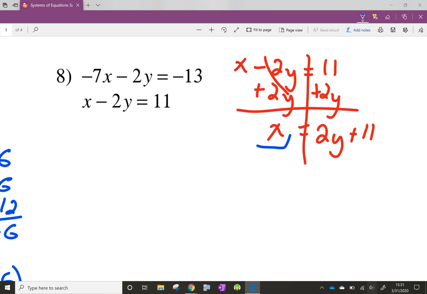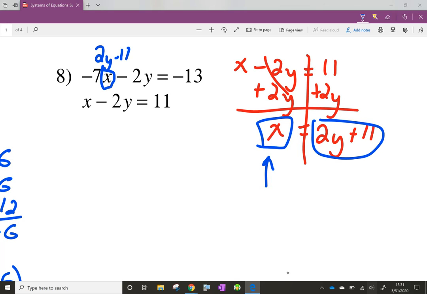What we're saying here is that x is equal to 2y plus 11. So I can take this information, and because it's x equals, I can plug 2y plus 11 in for the x spot in the other equation. Since I rearranged that equation, I'd have to plug it into the other equation, right? And I can do the same process. It's just the opposite variable, the opposite letter, okay?